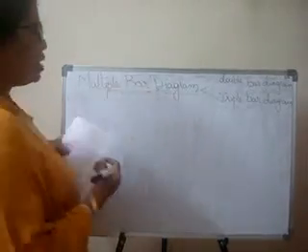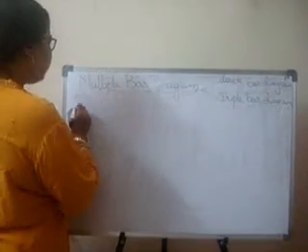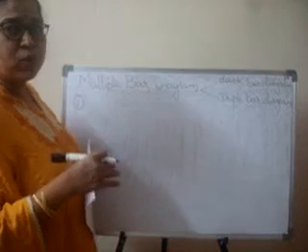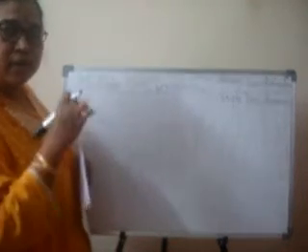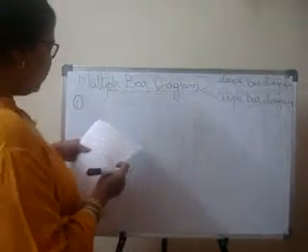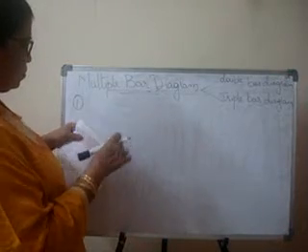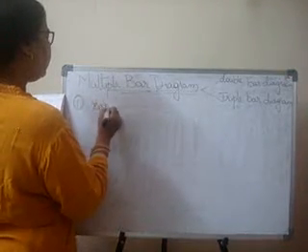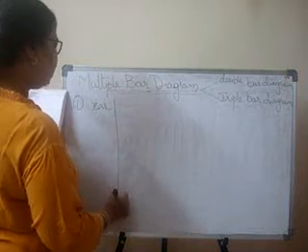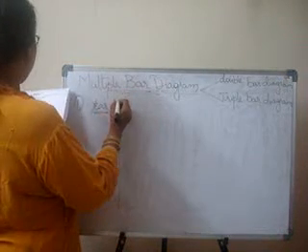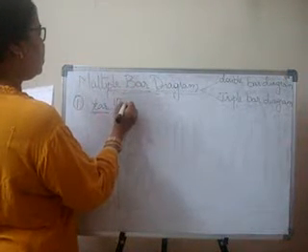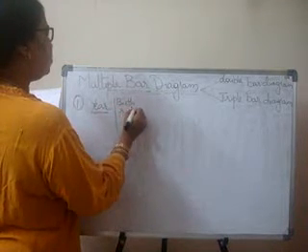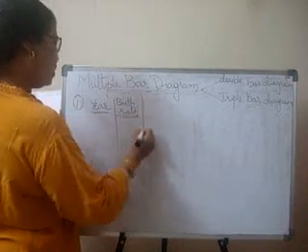Now we see the examples for it. These are all practical problems which you have to record in your records. Here, birth rate and death rate.